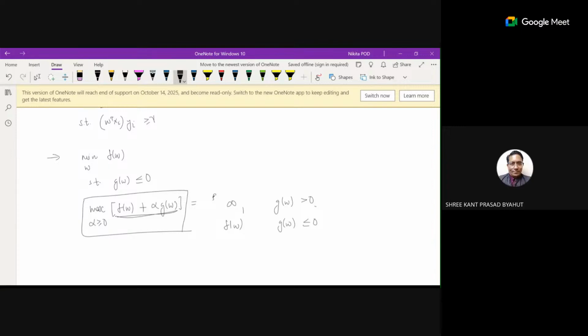But if G of W is less than or equal to 0, and I know alpha is positive, then this term is going to be negative. You have to find the maximum of this whole thing, so the maximum you can take is when alpha G of W is equal to 0.